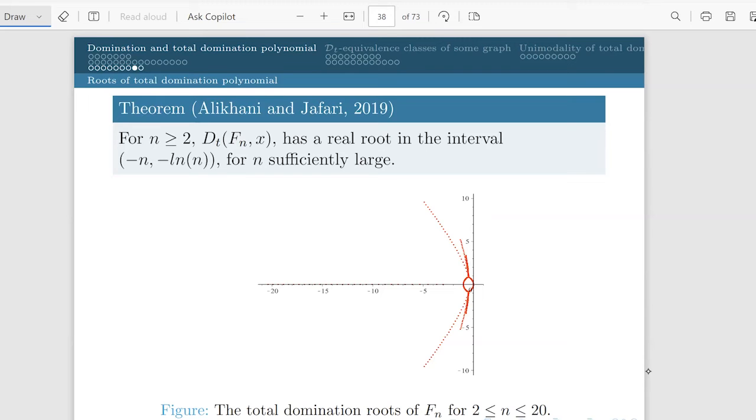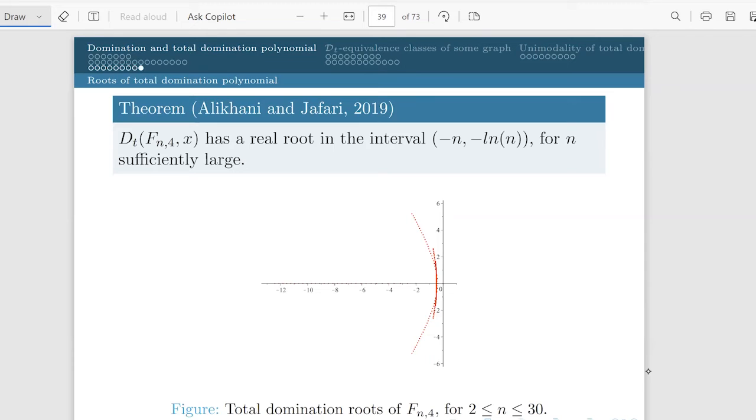As you see, when n goes to infinity, we have roots to the left of the x-axis. We also have the same result for the generalized friendship graph, and this polynomial has real roots, again in this interval, for n sufficiently large.